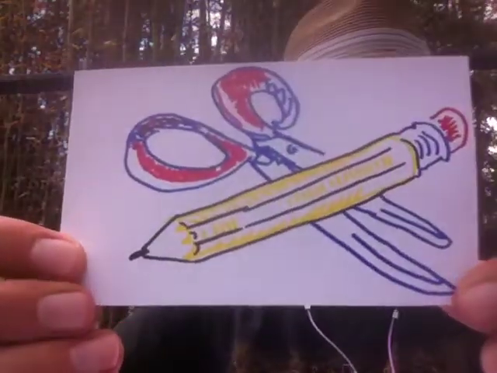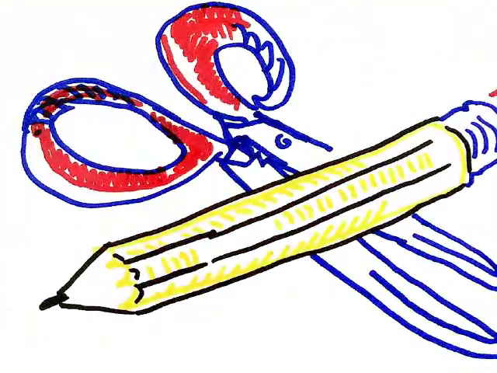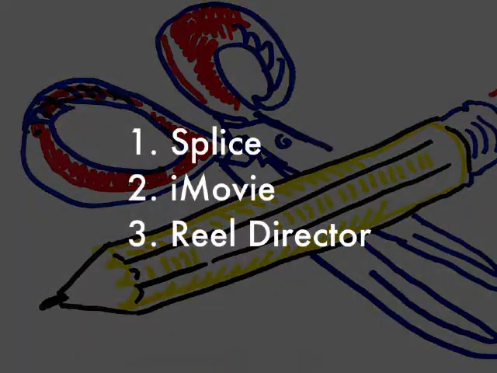Hand in hand with shooting the video, we have editing the video. Now, there are several app options when it comes to editing video on the iPhone. I tried 3, and there are enough pros and cons and differences between them that I'm going to devote the whole next video to going into them in detail. But I tried Splice, which is free with ads, or you can upgrade and get rid of the ads for $1.99. iMovie, which is made by Apple, is $4.99, and Real Director, which is $1.99.